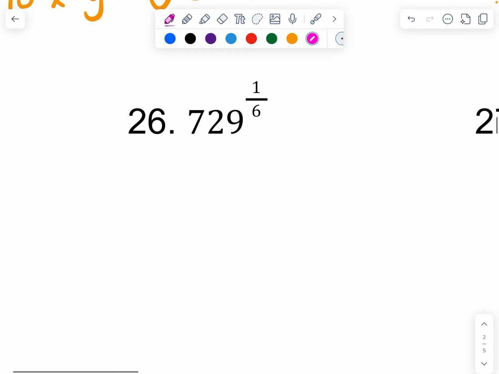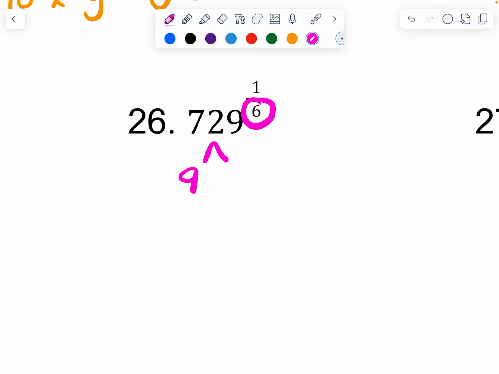This one, we want the 6th root. Okay. So I don't know that off the top of my head, but I do know that 3 goes into this. So we're just going to start at the very beginning. Oh, 9 probably goes into that.